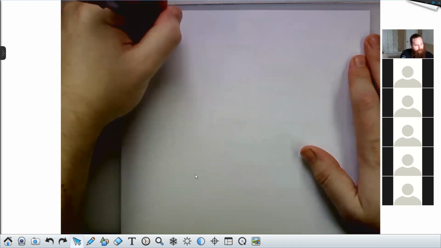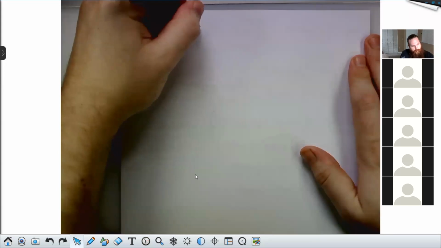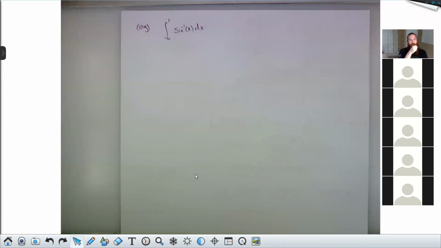Okay, let's do sine inverse. So first note, this is a definite integral, right? It has bounds. So we're going to use the formula for definite integrals.